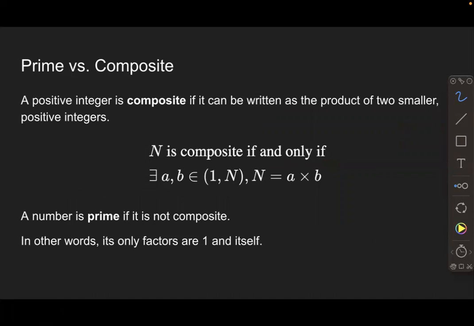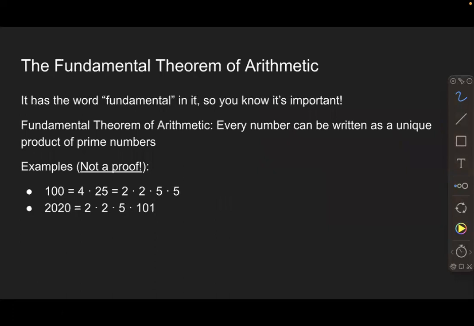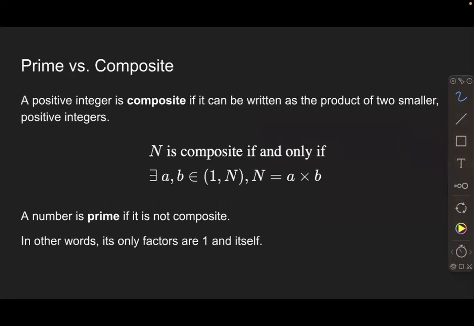So you can say n is composite if and only if there are two numbers a and b between 1 and n such that n is a times b, right? So you can divide some numbers out of it other than just 1 and itself. And if a number is not composite, then it's prime. So its only factors would be 1 and itself.